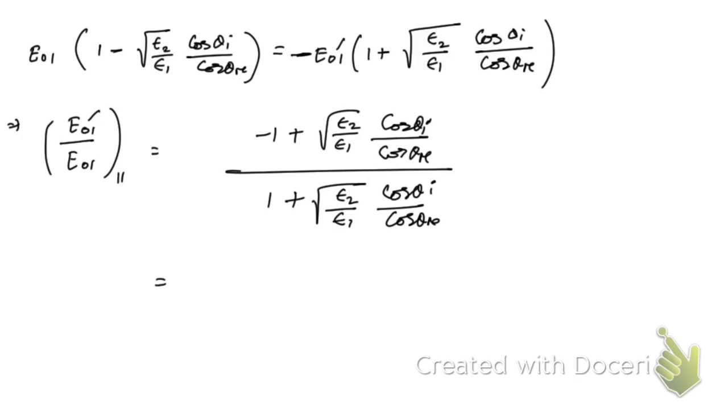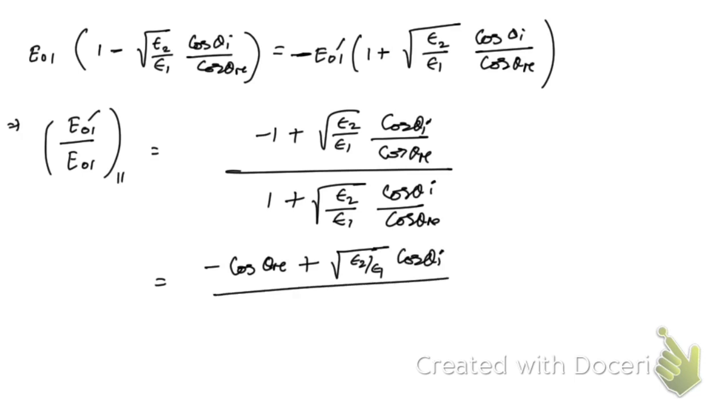If you multiply both the numerator and denominator by cos theta r, that's going to be root over epsilon 2 by epsilon 1 cos theta I, and here we're going to get cos theta r plus root over epsilon 2 by epsilon 1 cos theta I. That's what we're going to have, right?